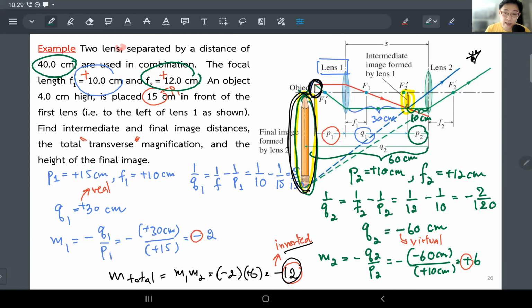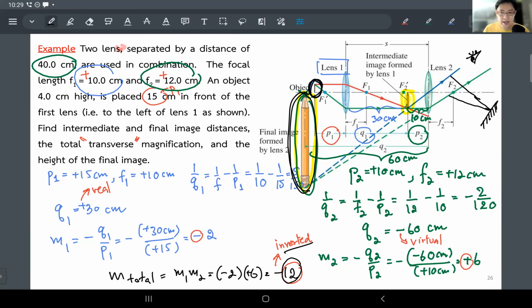Even though the light coming out from lens number 2 is diverging, so you can observe everything using your eyes, you can still redirect that light using different instruments. Think about it. I can redirect this light and make it converge somehow. So I can steal part of this light and make it converge onto a screen or CCD or whatever. And then you can use a camera or video recorder to record those images. Okay, does that make sense?